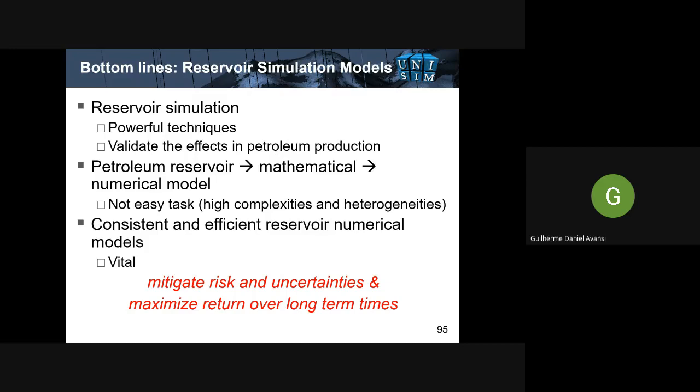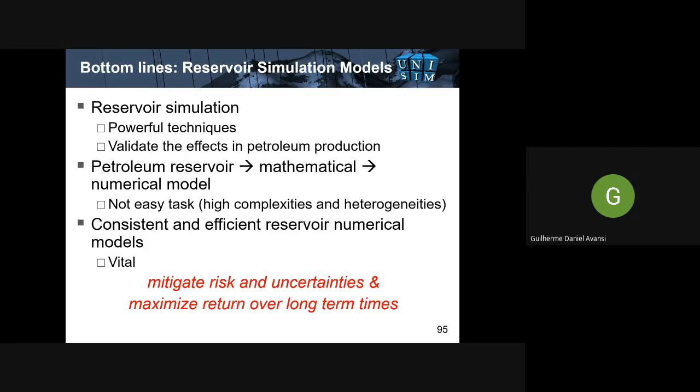When you increase the level of complexity in terms of grid and fluid, etc., we must solve this numerically because it's impossible to solve mathematically, right? And even with the numerical simulator, it is not an easy task because we have high complexity and also high heterogeneities. And just to remember, it is a reality that we don't know. So that is another point that we need to include.